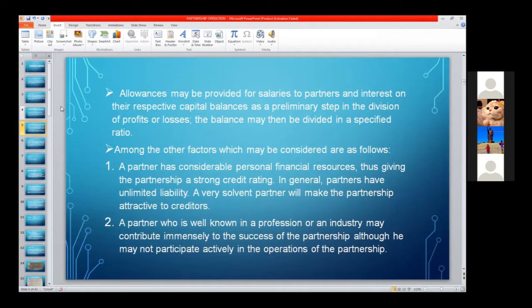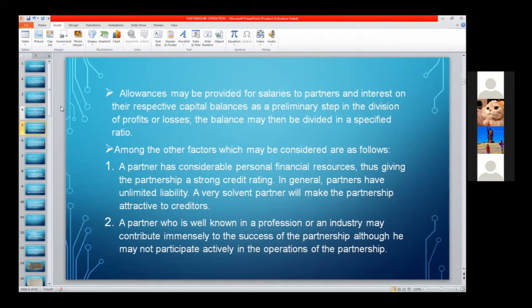So pag ganitong case, allowances may be provided for salaries to partners and interest on their respective capital balances as a preliminary step in the division of profit or losses. The balances may then be divided in a specified ratio.